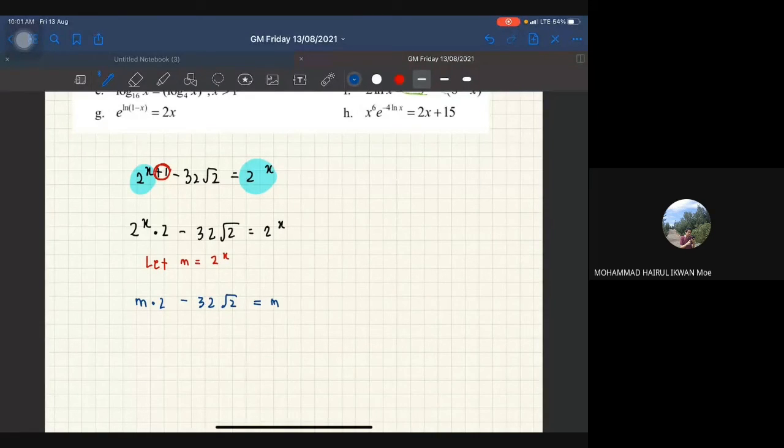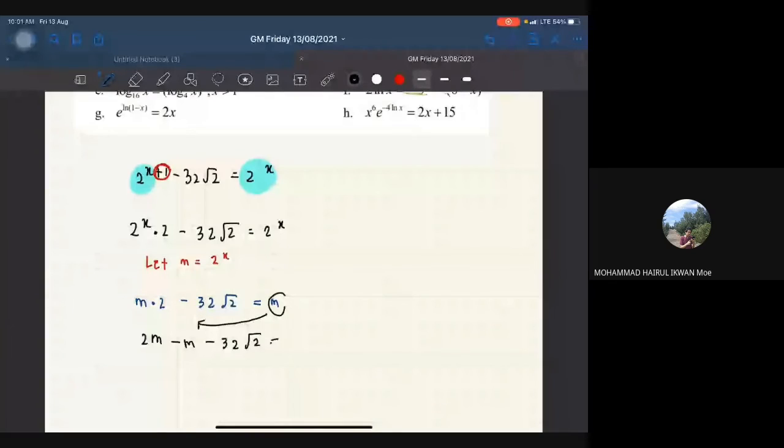Macam ni. Okay, so and then awak akan susun balik, permudahkan dia. So this one akan jadi 2m. Dan saya bawa yang ni ke sebelah kiri. So dia akan jadi minus m. And then minus 32 set 2 equal to 0.